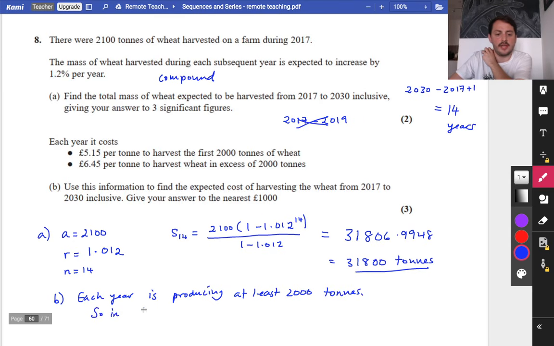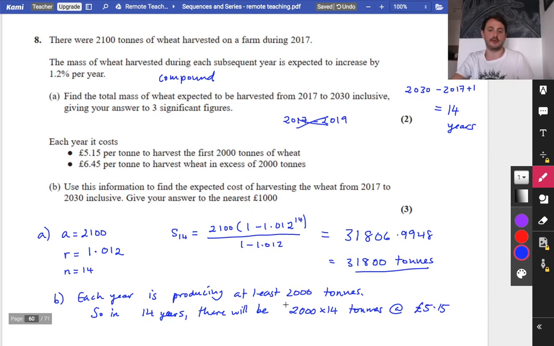So in 14 years, there will be 2,000 multiplied by 14 tonnes at £5.15. And then we can work out how many tonnes will be at the other part, okay?